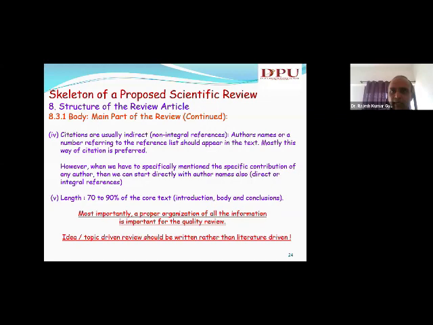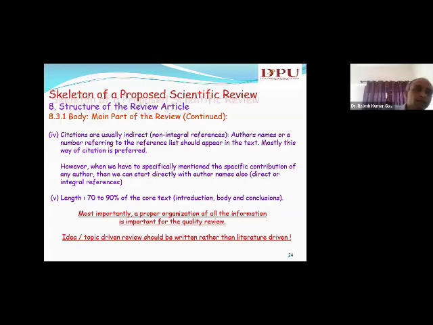We have to see what we want to tell, what is new in our review that attracts more people. So we also have to introduce some new topics in our review so that more people read it, more citations come, and definitely our citation impact index will also increase that way.